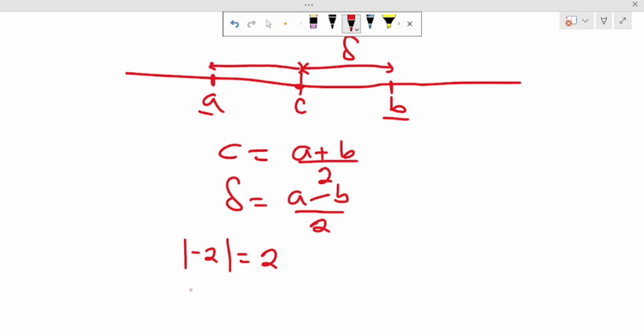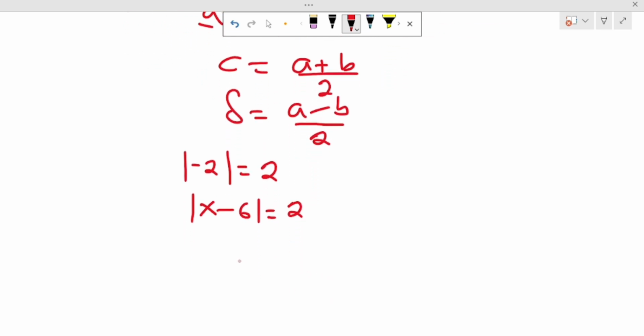So let's say I have an equation which is the absolute value of x minus 6 is equal to 2. I'm asked to find the value of x, right? So what I do is that I find the value of x when this 2 is a +2, and the value of x when this 2 is a -2, right?